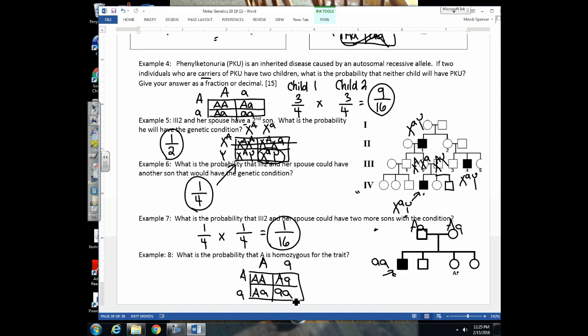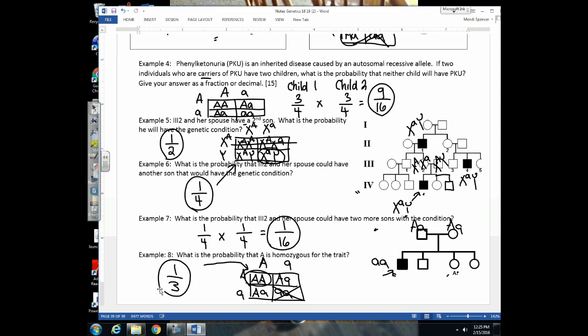We know that A is not shaded in, so we know that this individual right here is not homozygous recessive for the trait. So what is the probability that this individual is homozygous for the trait? It would be this right here, which is 1/3, and that's our final probability.